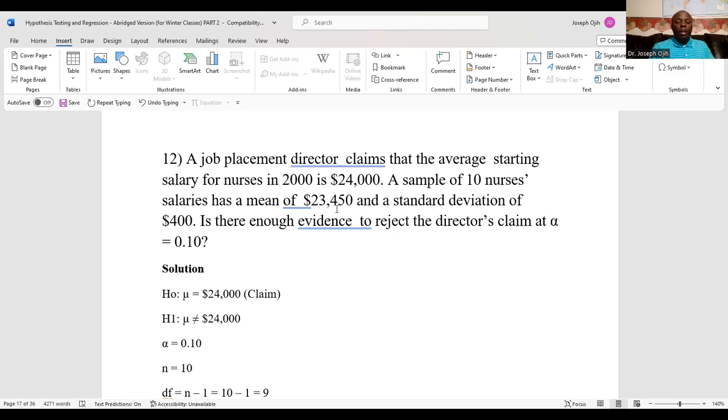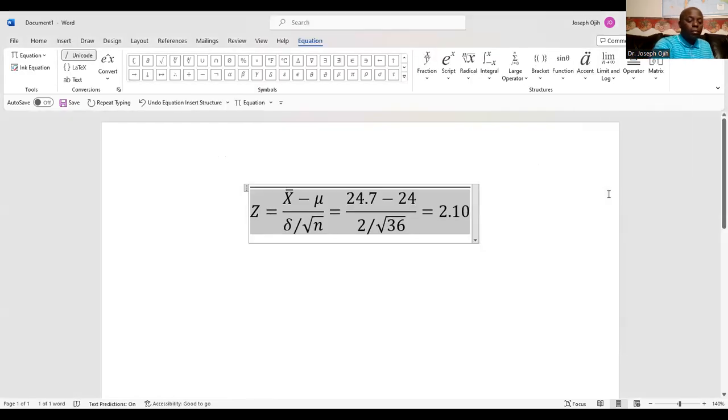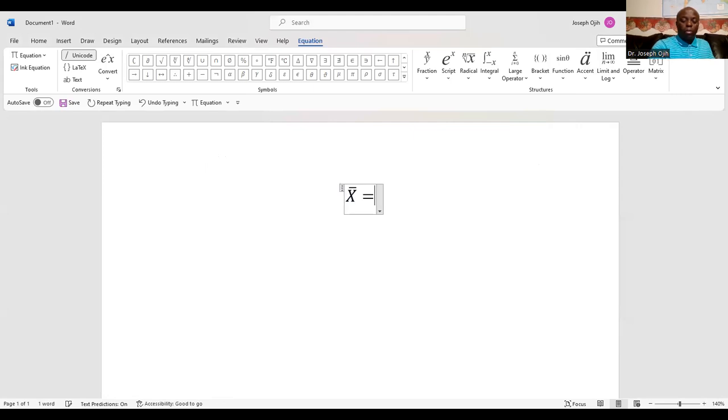Anyway, let's go and put it, because I can't get the character for S bar here, so I'm going to get it from the other workbook. So I have put it right here. S bar equals 23,450.